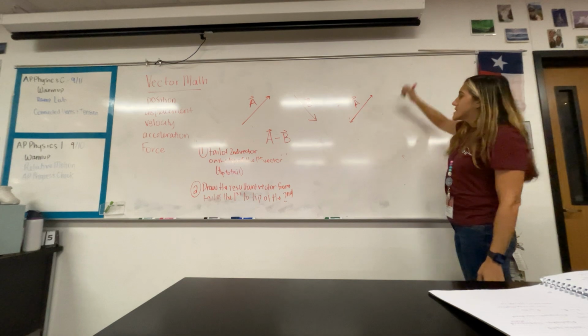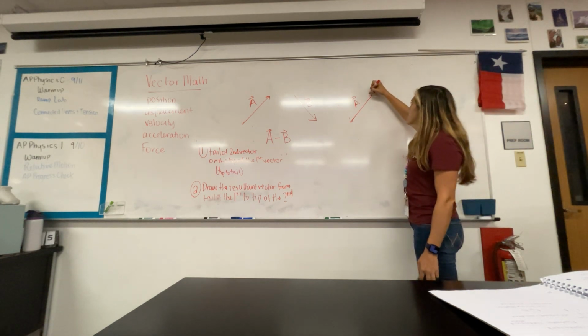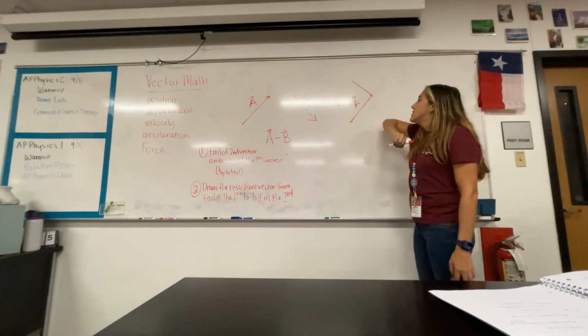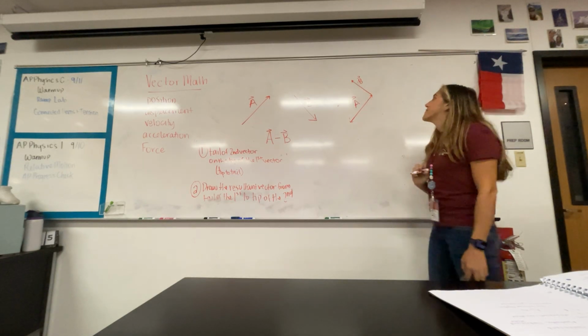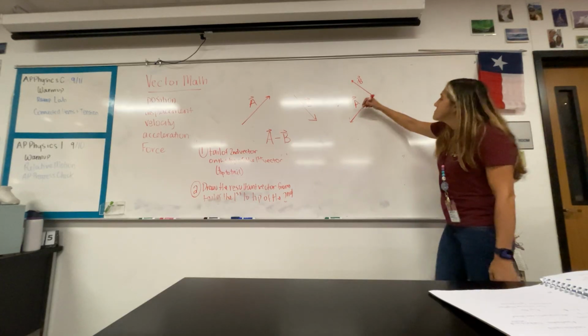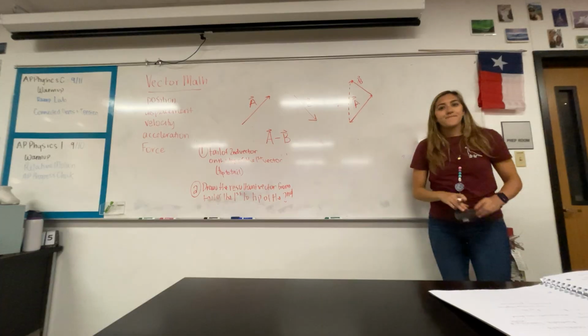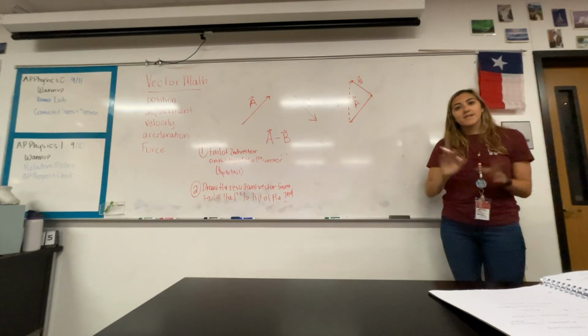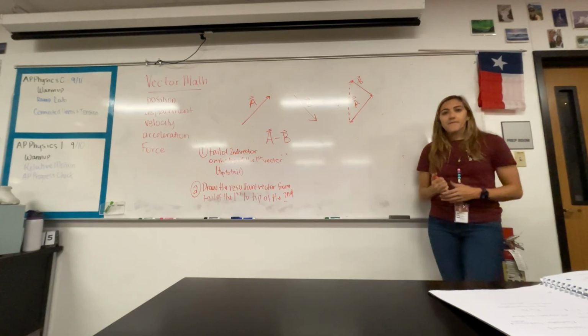So it's currently going down and to the right. So now it's going to flip and go up and to the left. So that would be -B. And we still add them together. So vector subtraction isn't scarier than vector addition. You're just going to flip one of the vectors.